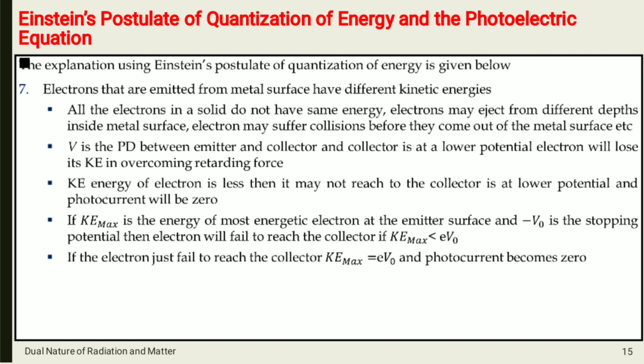Means what? Minus V0 is what? Potential of the collector plate, and this is the stopping potential. Means this is the maximum negative potential. Due to that, the electron will not reach the collector plate.